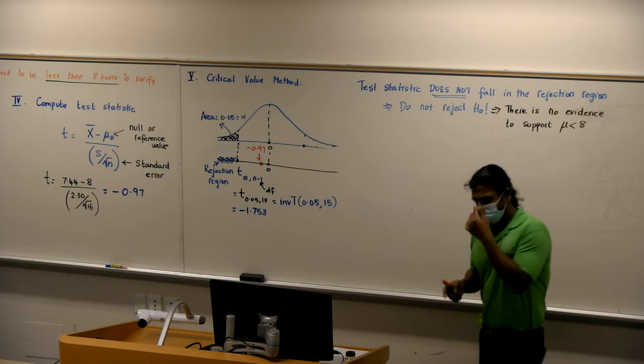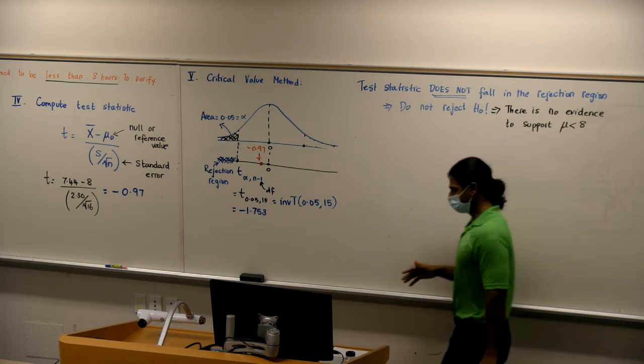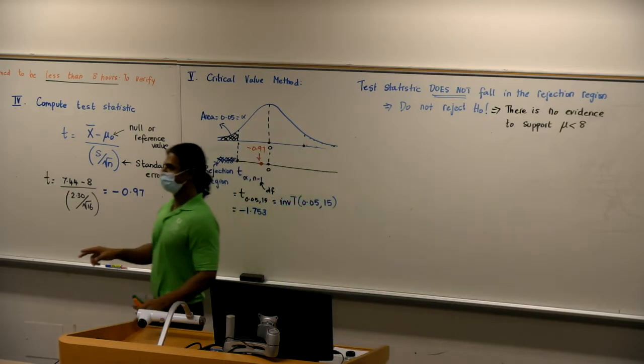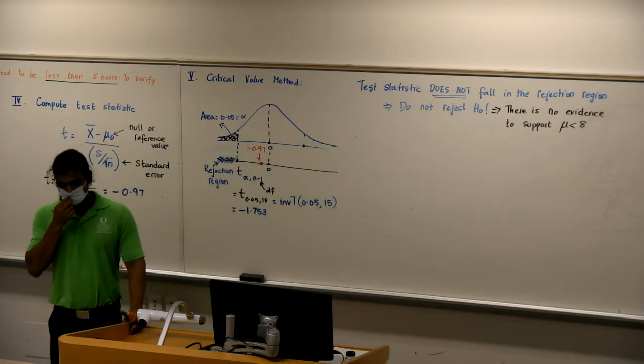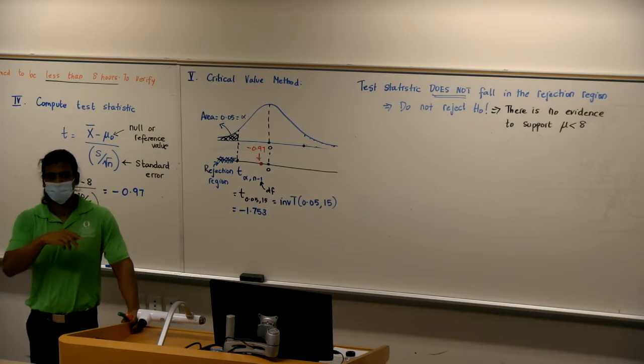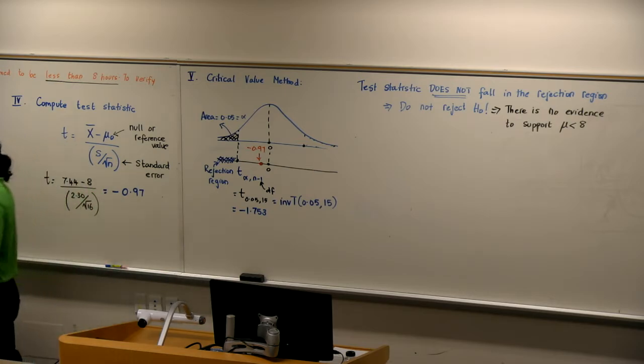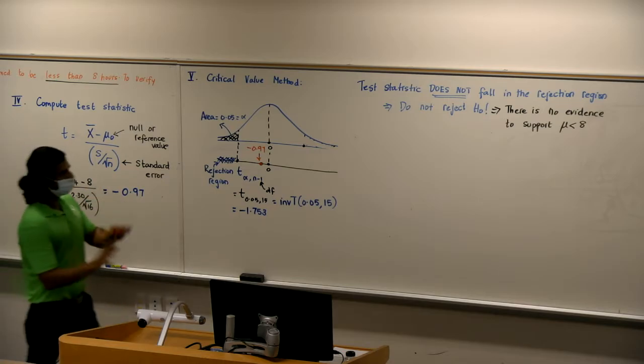The homework system is going to ask you to use the table, but you can avoid that entirely if you understand the concept and how to do it using the calculator. Everything that I did in class pretty much used the calculator, but I did show you how to use the table, but is it effective? No, not these days. I still don't understand why they force you to do it.